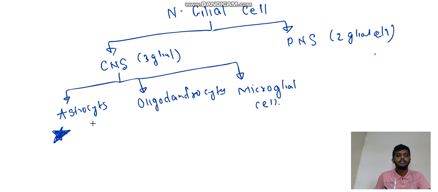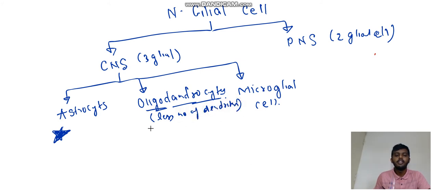And for oligodendrocytes, oligo means less and dendrocyte means dendrites. So from the word we can see that they have a very small number of dendrites.